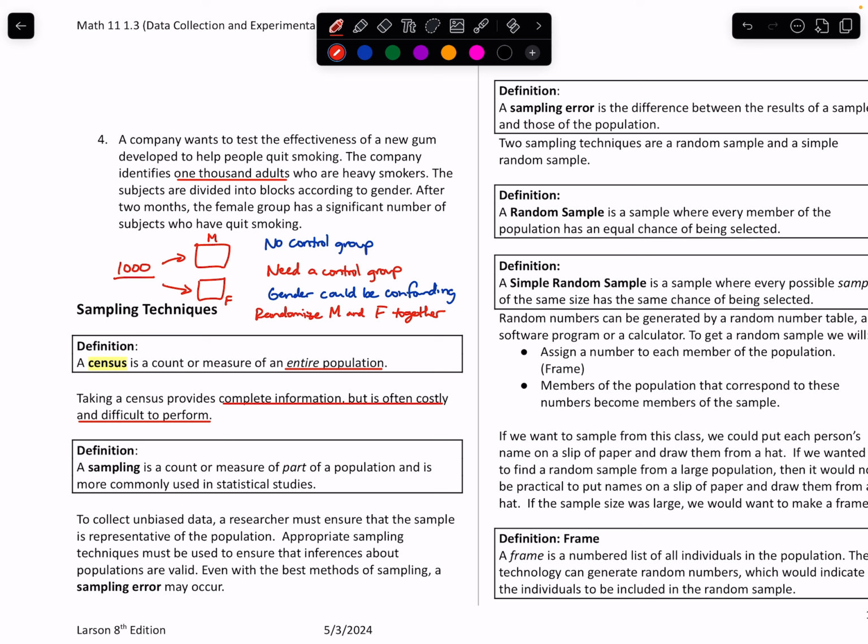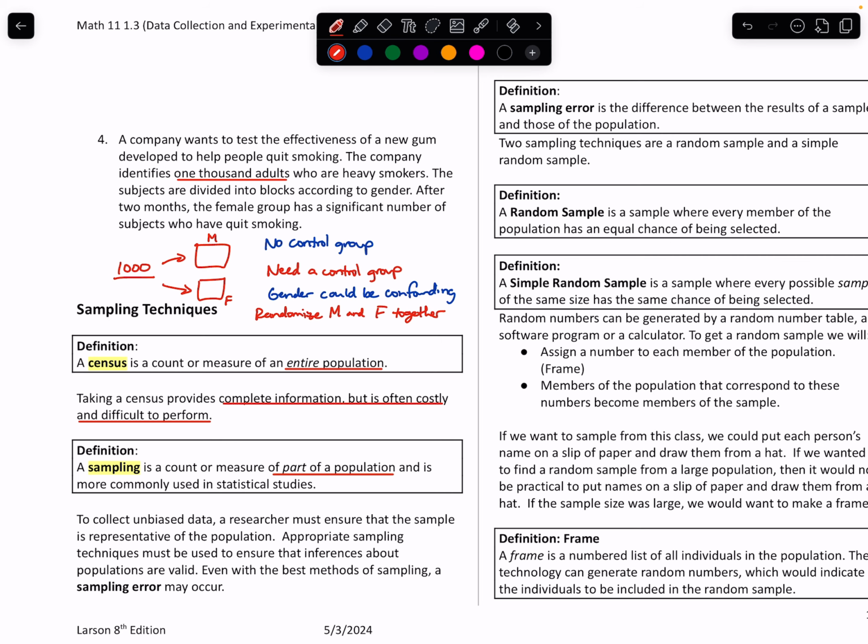If I'm trying to find information about high school students, it'd be really hard to go through and survey every single high school student. So what I'm going to do instead is simply do a sample, okay? I'm going to take a part of a population, because that's much easier, much cheaper, cost-effective, time-effective for me to do.